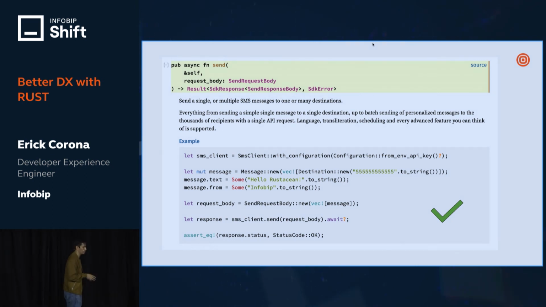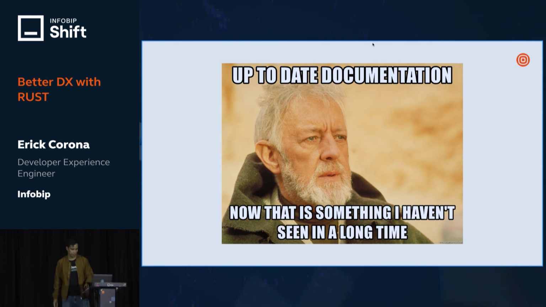And the cool thing about the Rust system is that the examples that we are providing there are actually compiled and tested as part of the test suite of the SDK. So you can just copy and paste, and you can be certain that it will run because it's compiled. And that's actually special and makes it easier for us.